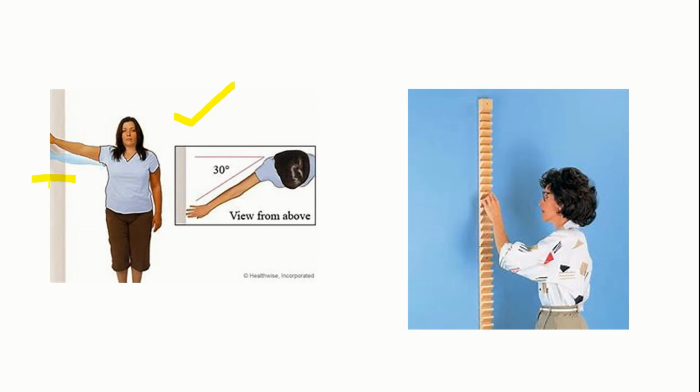In this, the patient has to stand by the side of a wall, and the arm should be in abduction, and the patient has to just roll the hand in the position of abduction against a wall. So these are the wall climbers, or the wall ladder exercise.